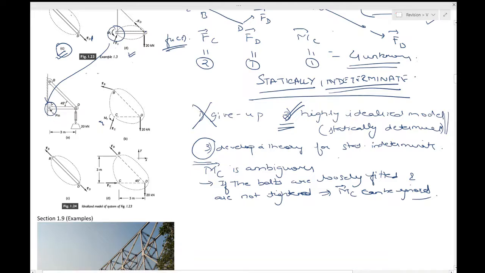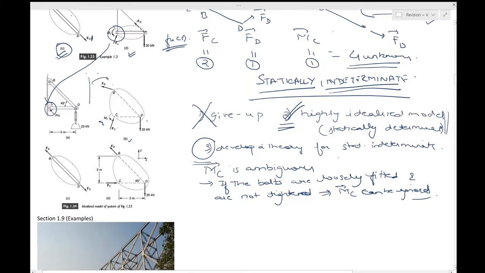Let's see how easy it becomes for us. In the free body diagram of 1.24b, there will be forces FB, FC, and FD. So you have FB, FD, and FC. If you have seen, we have actually slightly modified the problem by not taking the bolts.